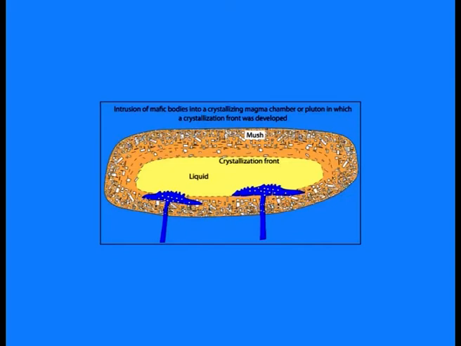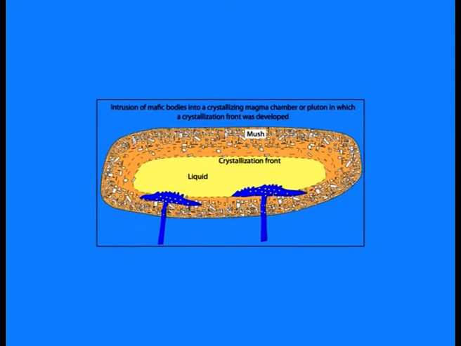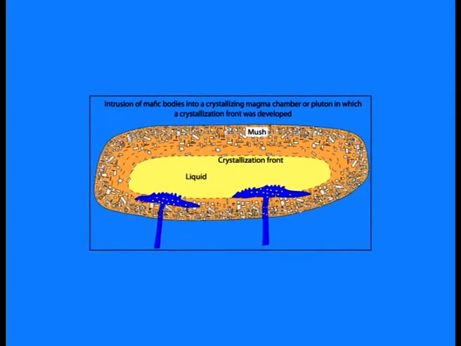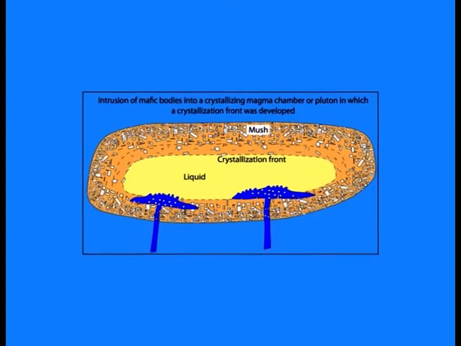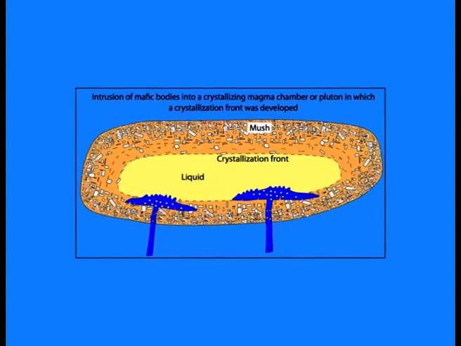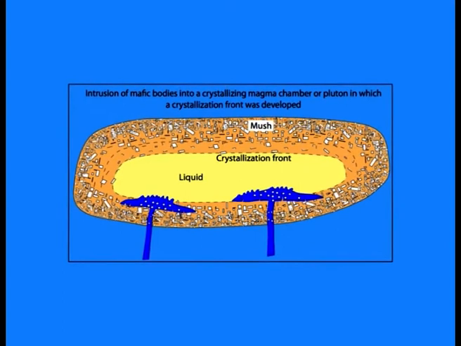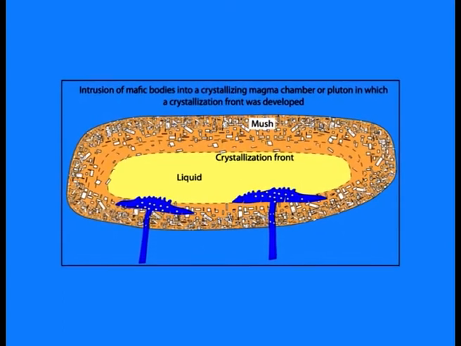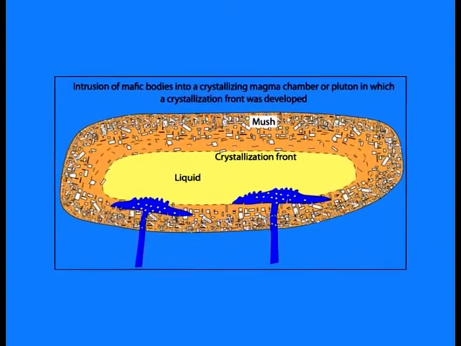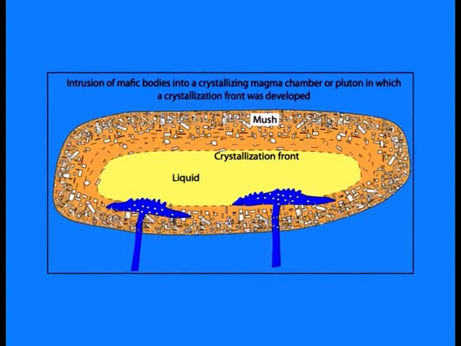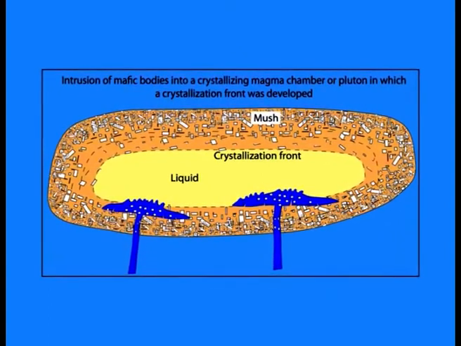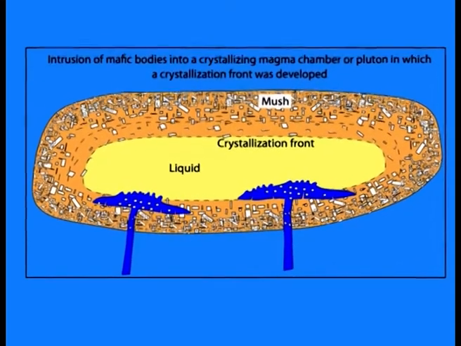Fractional crystallization will separate ore minerals and common rock forming minerals, depending upon their temperature of crystallization, and early formed minerals may incorporate certain elements.